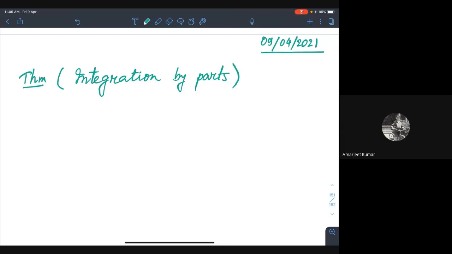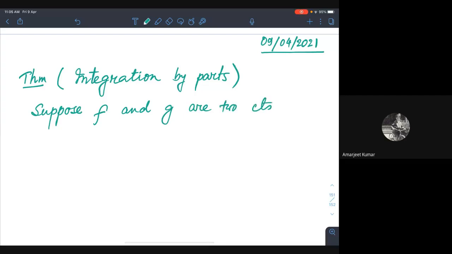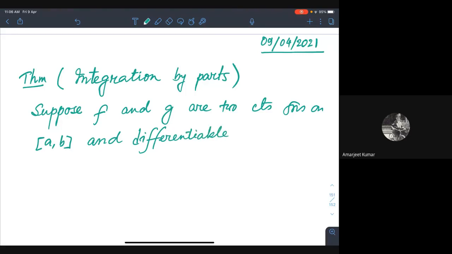I think notes are already uploaded, so we can see the notes as well. Suppose f and g are two continuous functions on the closed interval [a,b] and differentiable on the open interval (a,b).